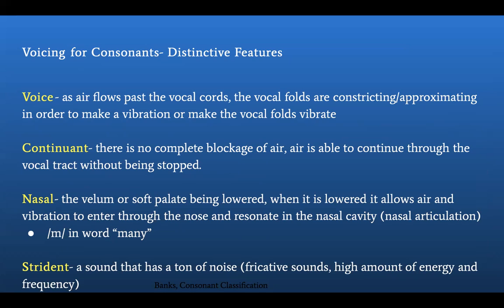So if we're describing a way that we produce a certain consonant phoneme sound, we could use voice if the vocal folds are constricting, for example. For continuant, this means that when producing the phoneme, there is no complete blockage of air, and air is still able to continue through the vocal tract without being stopped.